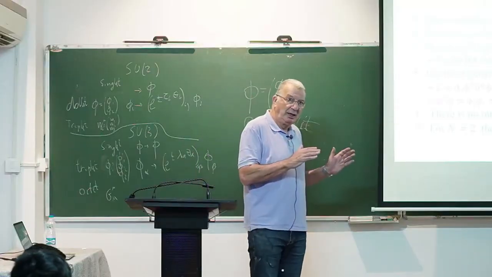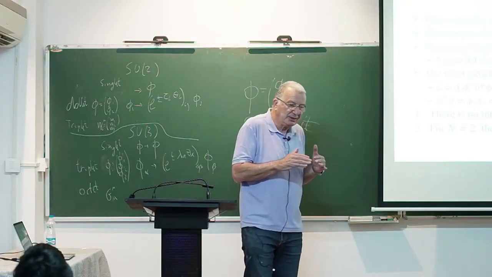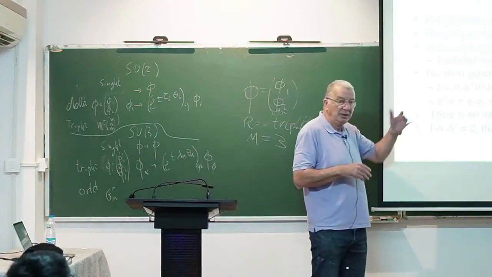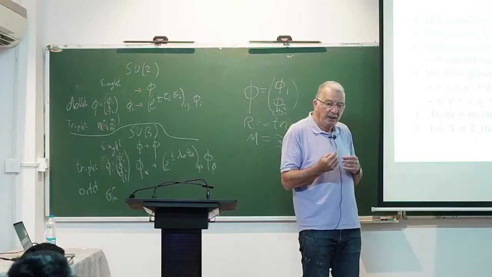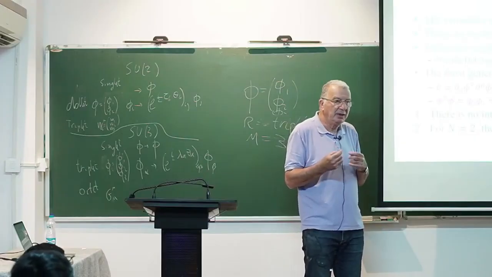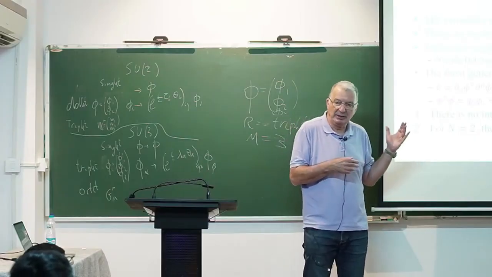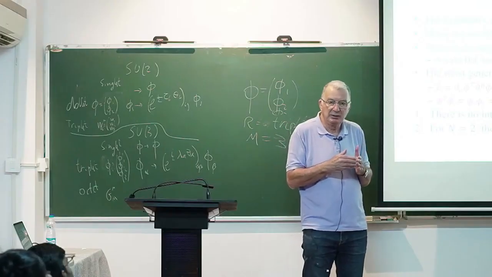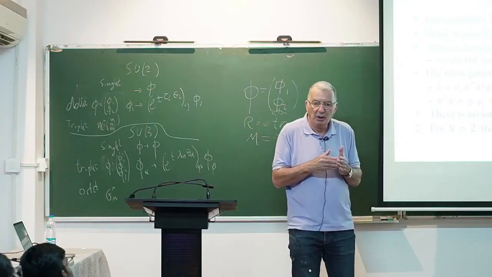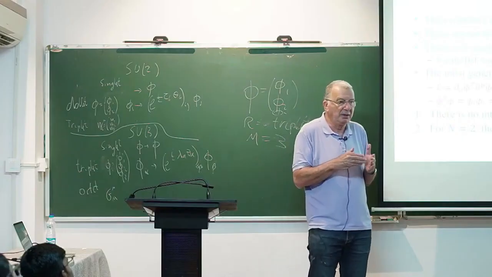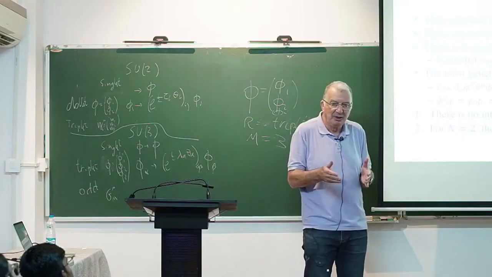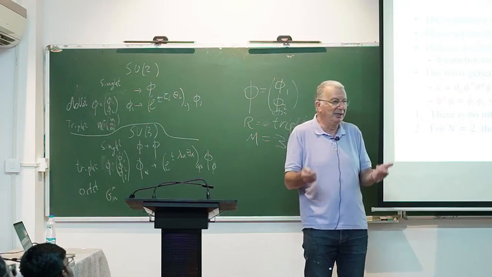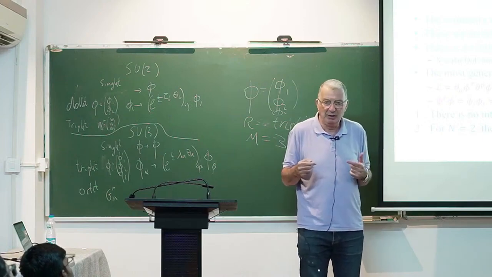And actually it has a meaning, because having, let's say, 3 components in a single representation means that there is a symmetry, and we cannot distinguish between these 3 components. We cannot know whether what participated in a particular process that we measured was phi 1 or phi 2 or phi 3. That's the meaning of symmetry. Symmetry is the inability to distinguish.